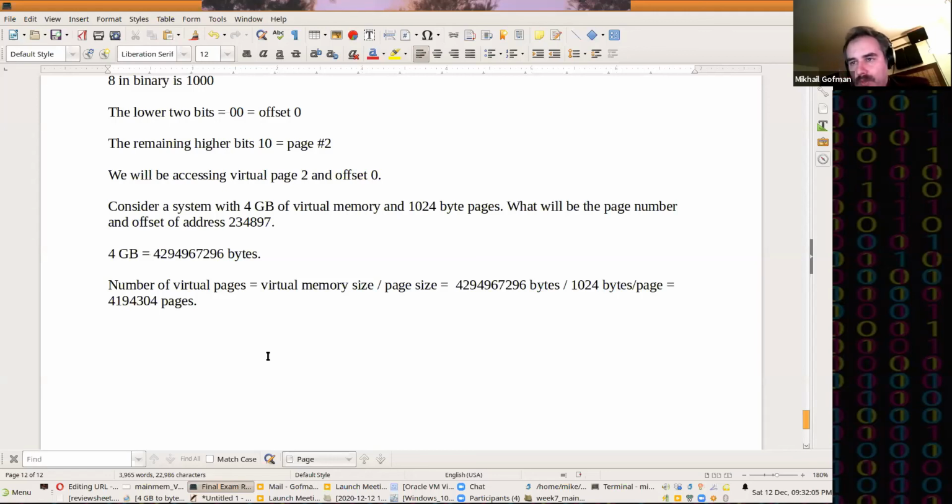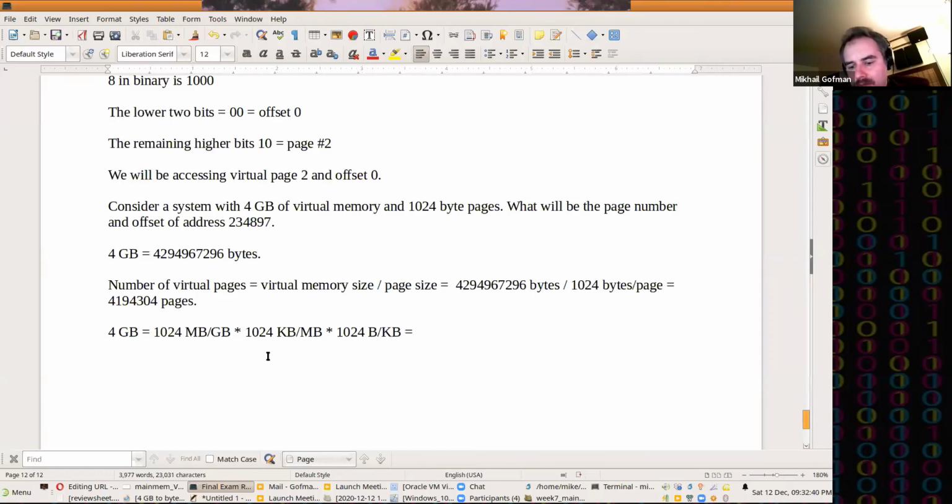As we said before, 4 GB is equal to 4 times 1024 megabytes per gigabyte times 1024 kilobytes per megabyte times 1024 bytes per kilobyte.